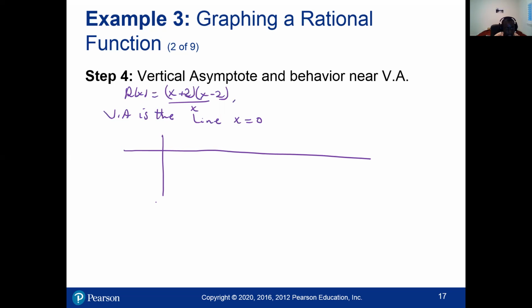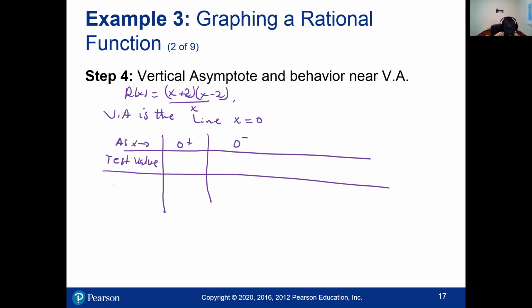Okay, and we say that as x approaches 0 from the right, and then 0 from the left, we have a test value, and then this is our r. I just want the sign of r of x.